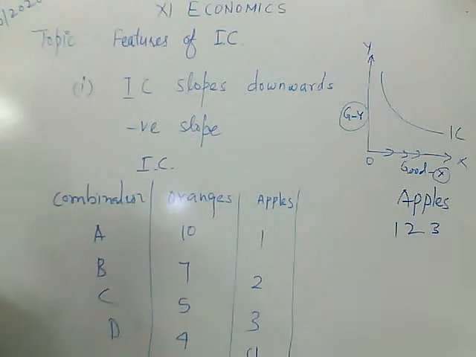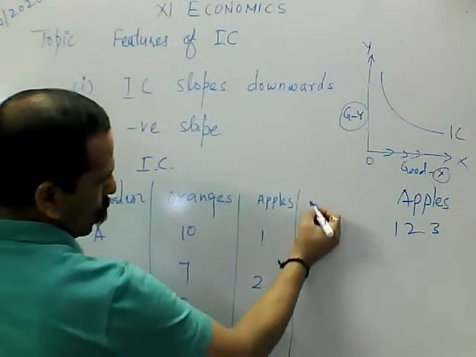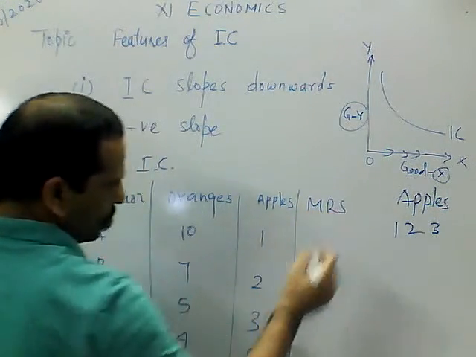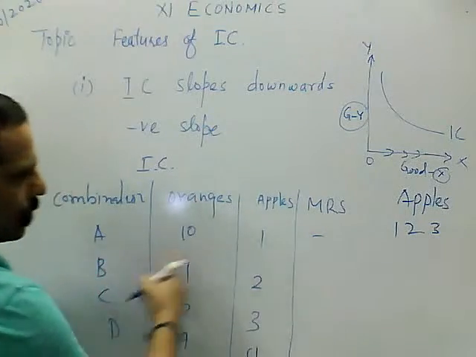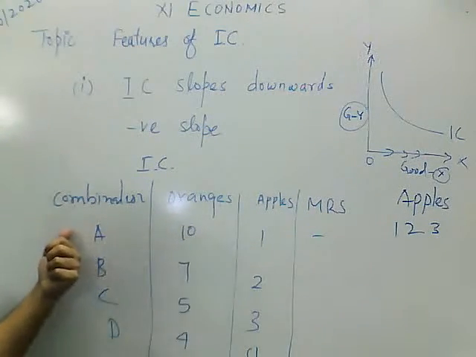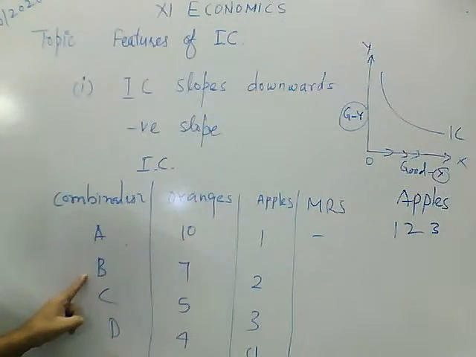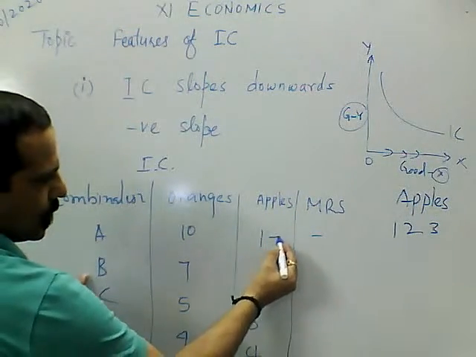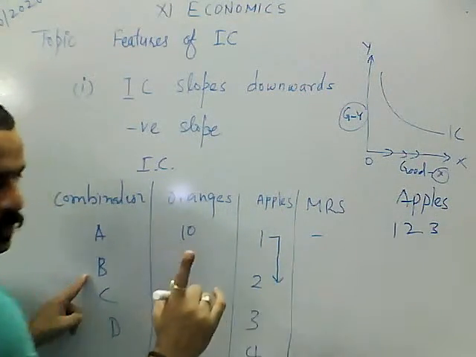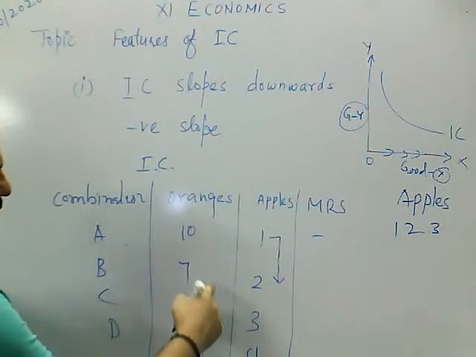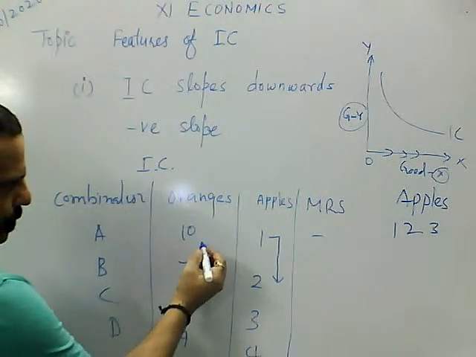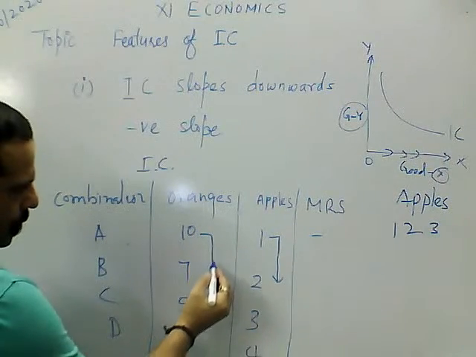If you want to calculate the marginal rate of substitution, you can calculate it for the B combination. It is not possible for the A combination. To get one more apple, how many units are sacrificed by you? 3.